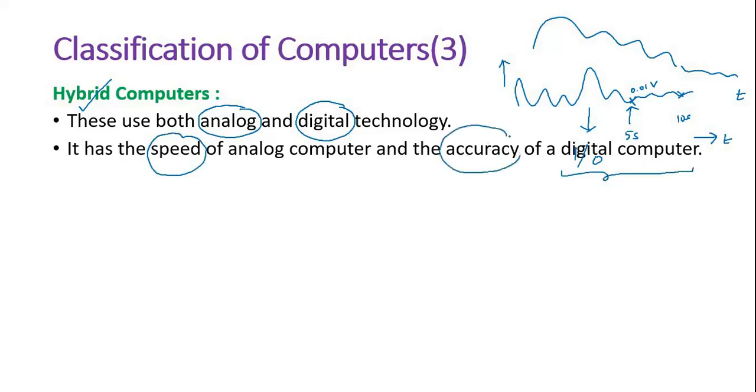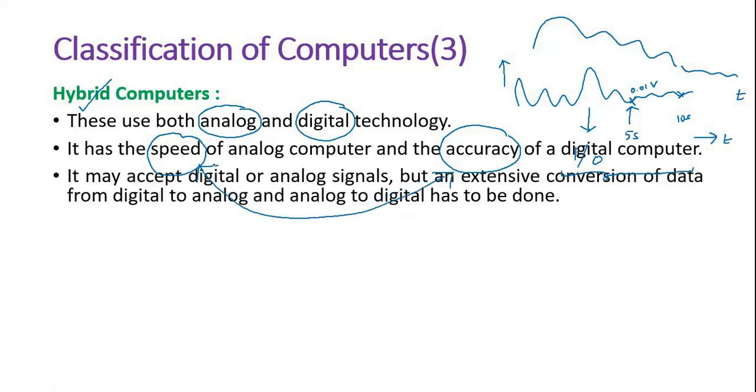So when I combine both analog and digital, it gives both benefits: speed as well as accuracy. But in order to process both analog and digital signals, you need analog to digital converters and digital to analog converters, so you need to do more work.